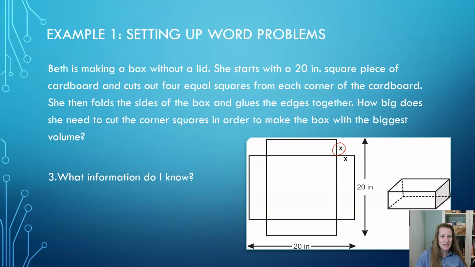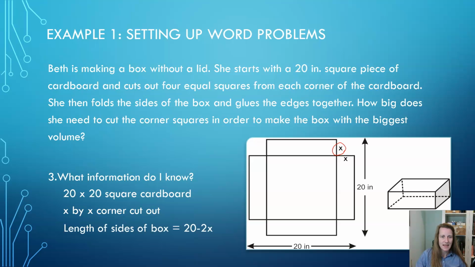And my next piece is, what information do I know? Well, I know that the square cardboard is 20 inches by 20 inches. I also know that I'm cutting out a corner X by X. And I also know the length of the sides of the box. So if we look down here at this 3D picture, I know that length right there. That corresponds to one of these lengths.